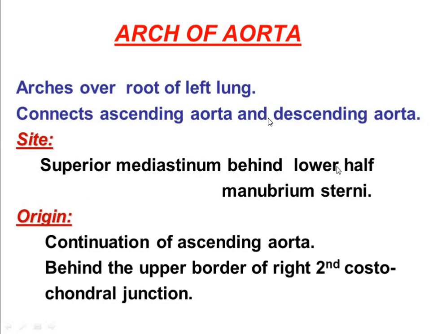Now, beyond the level of the right second costal cartilage, that is at the level of the disc between the T4 and T5 thoracic vertebra, or at the level of the sternal angle, this ascending aorta is now named the arch of aorta. It arches over the root of the left lung.